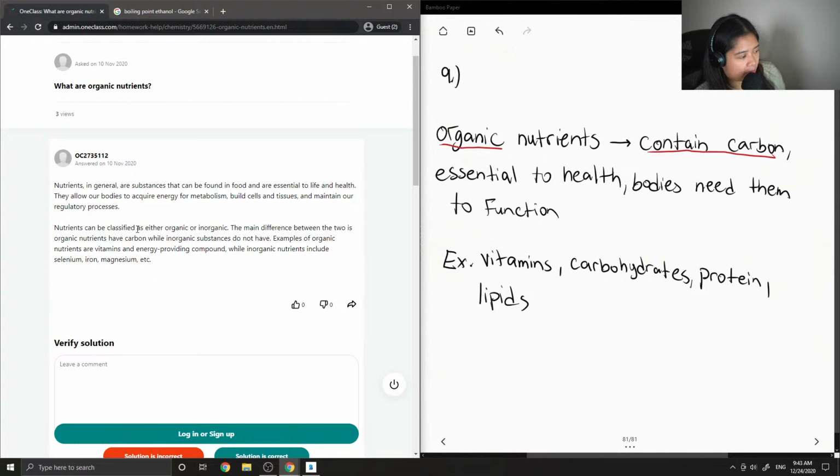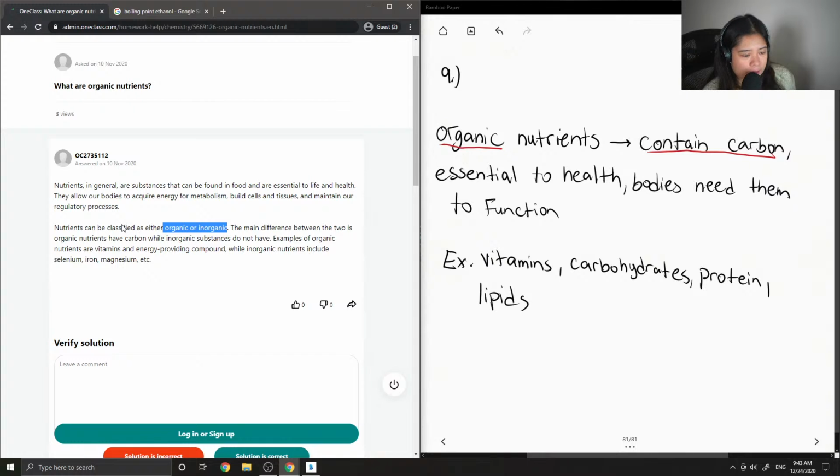Nutrients can be classified as either organic or inorganic. The main difference between the two is organic nutrients have carbon, while inorganic substances do not. Examples of organic nutrients are vitamins and energy-providing compounds, while inorganic nutrients include selenium, iron, and magnesium, etc.